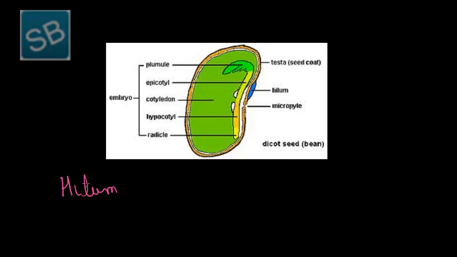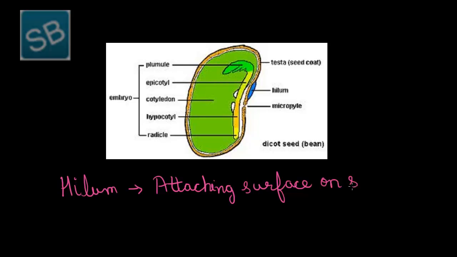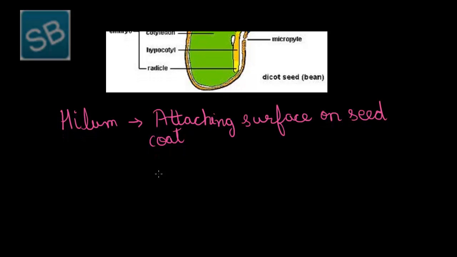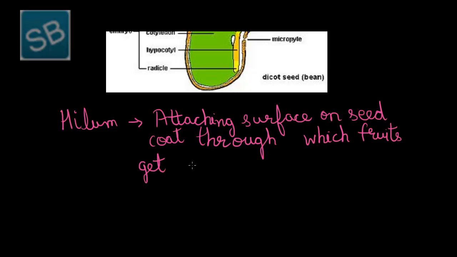Thus, hilum is an attaching surface on seed coat through which fruits get attached to it.